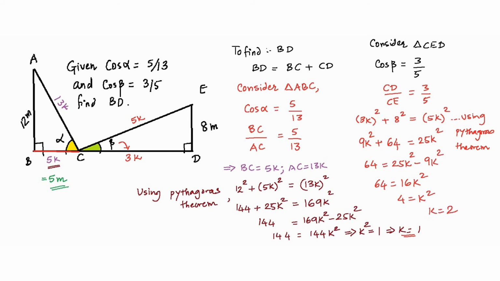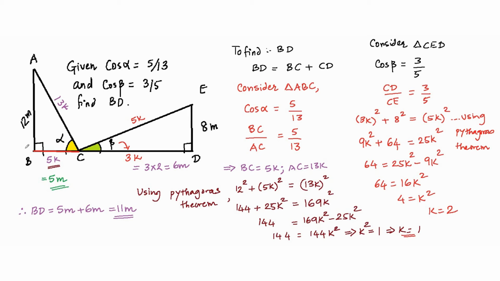So the value of k is 2 in this case. So this length is going to be 3 into 2, which is 6 meters. Therefore, the length of BD is 5 meters plus 6 meters, which is 11 meters.